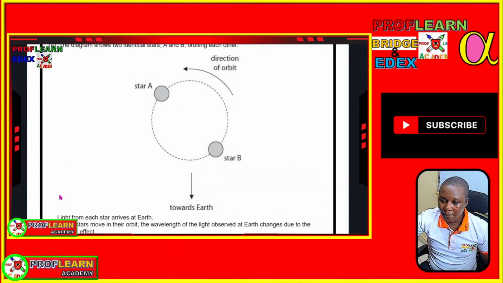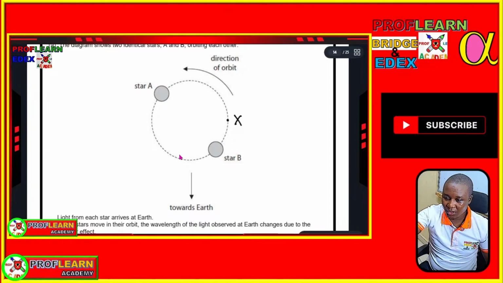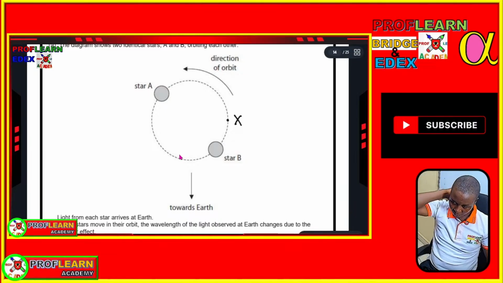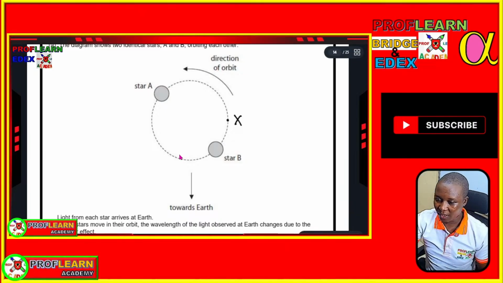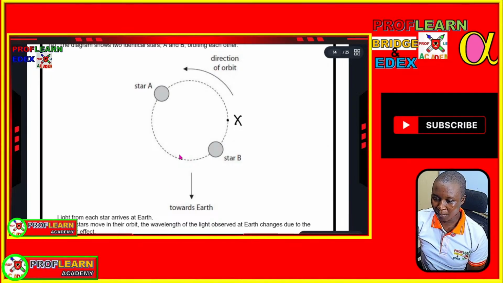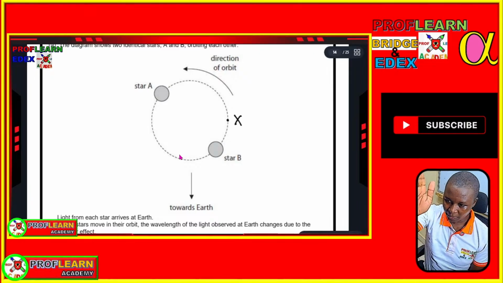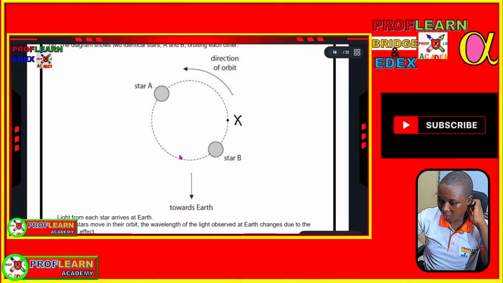Then we are asked to identify the region where the star will be. Because the star is rotating in that orbit, we are supposed to identify where the star will show maximum wavelength. It will show maximum wavelength at point X when it's going in that direction, away from the observer.